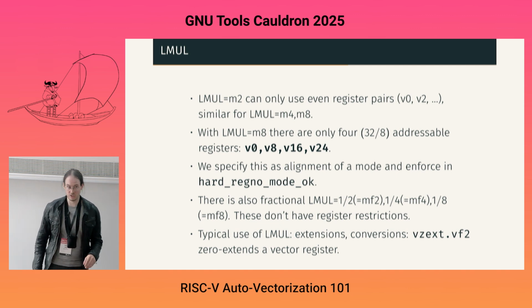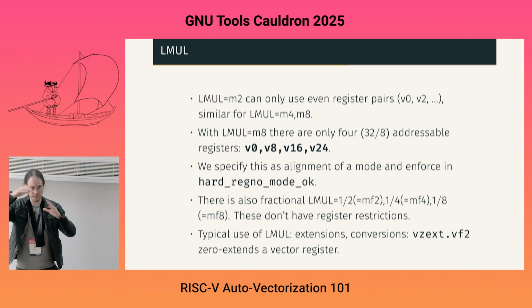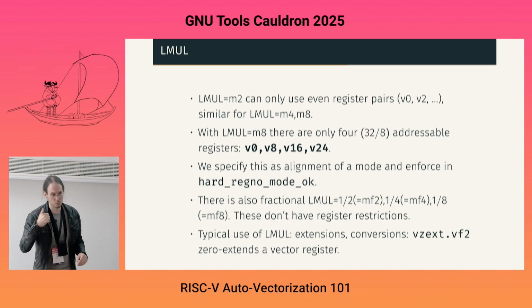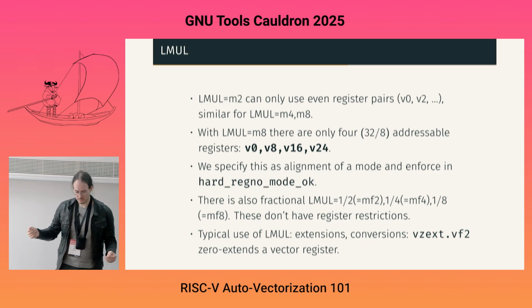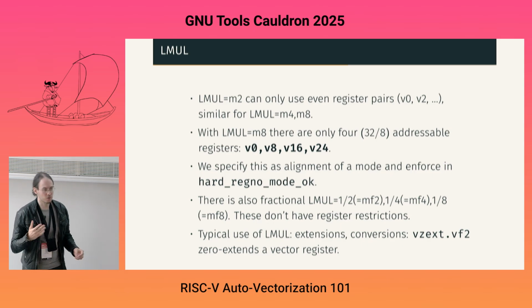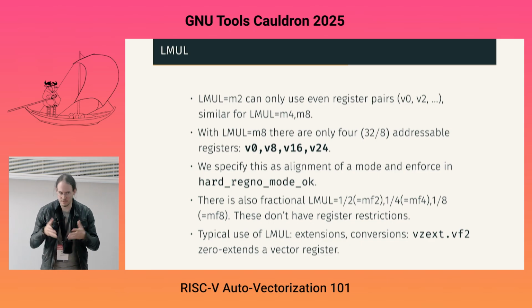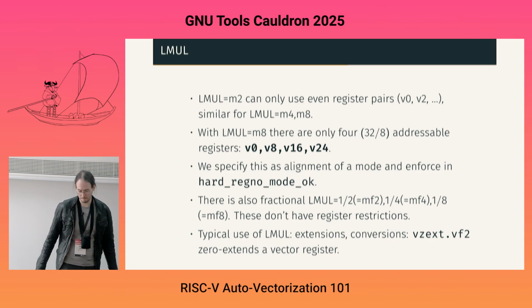There's also fractional LMUL, so not only can we increase the vector size, but we can also reduce it to 1/2, 1/4, 1/8. And these, luckily, don't have register constraints or restrictions. It always fits into one, not fully used register then.